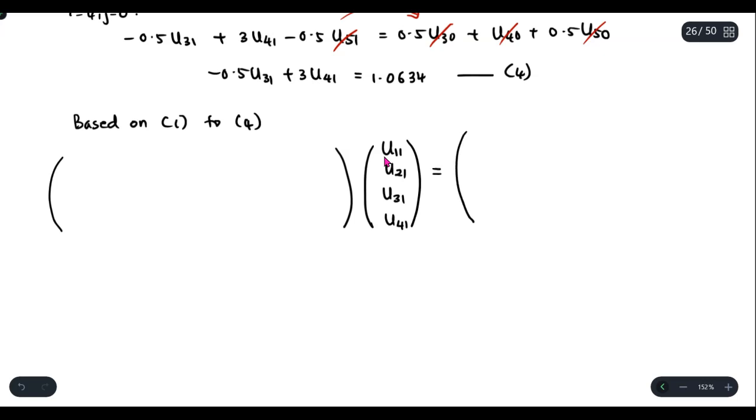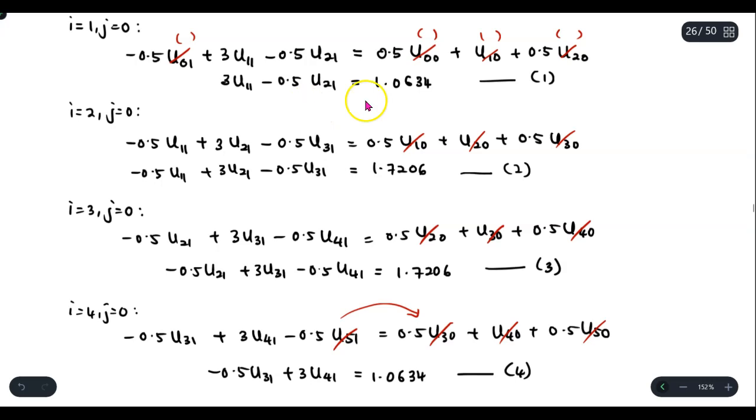Maybe you can put the right hand side first. From the first equation, the right hand side value is 1.0634, and then you have 1.7206, 1.7206, and equation 4, 1.0634.